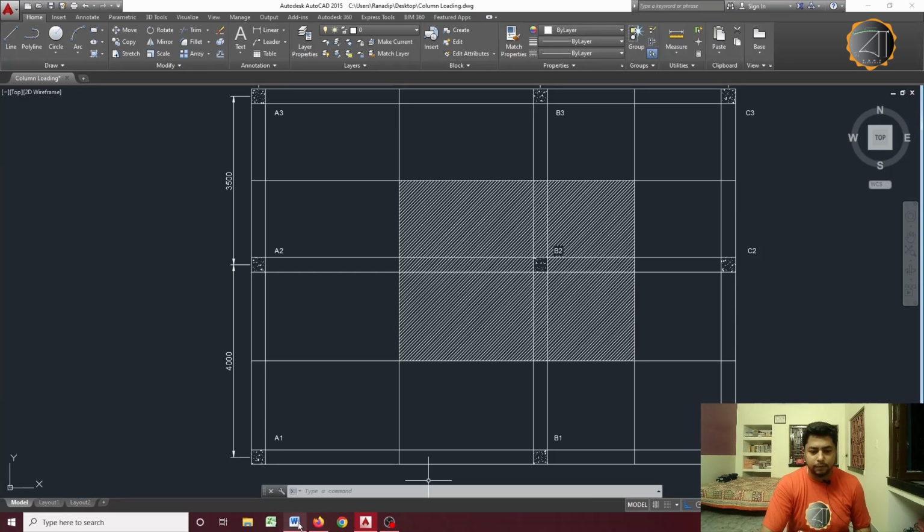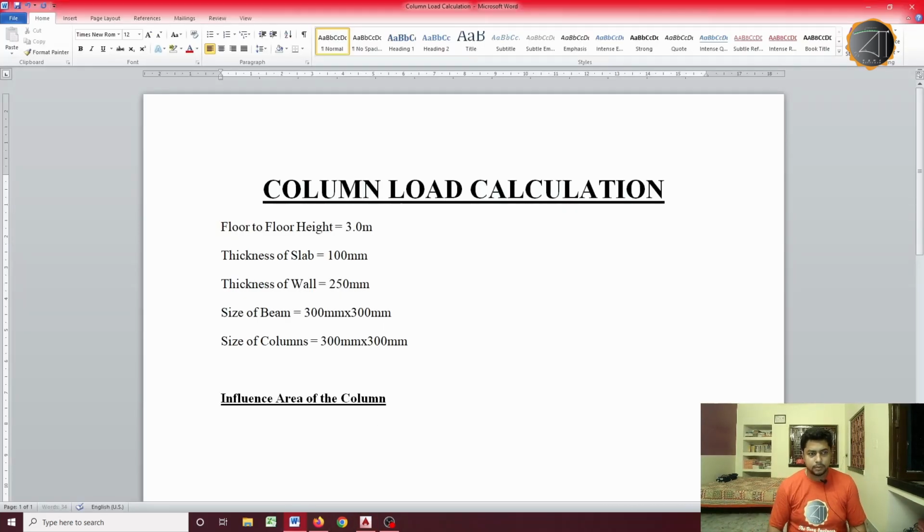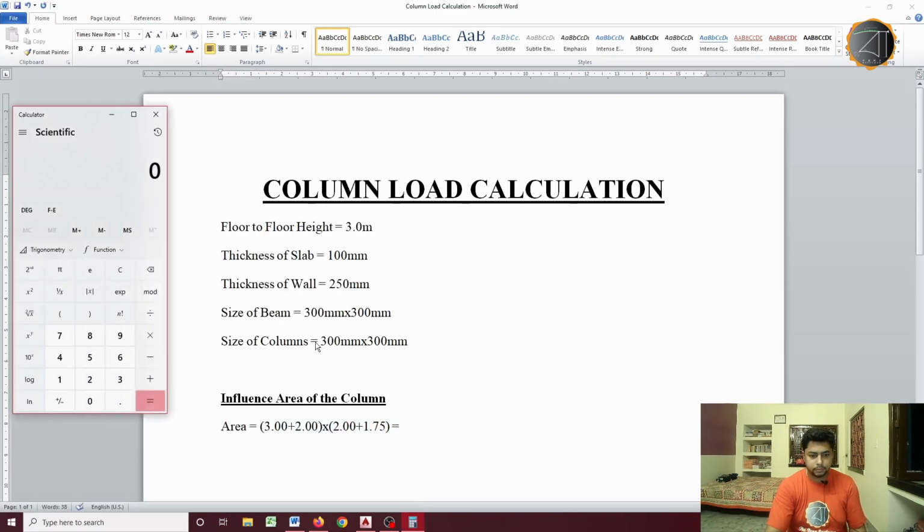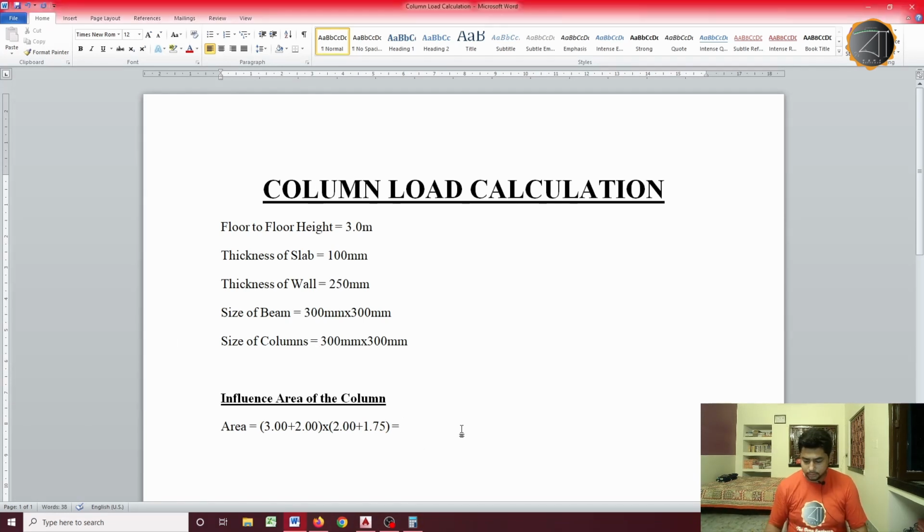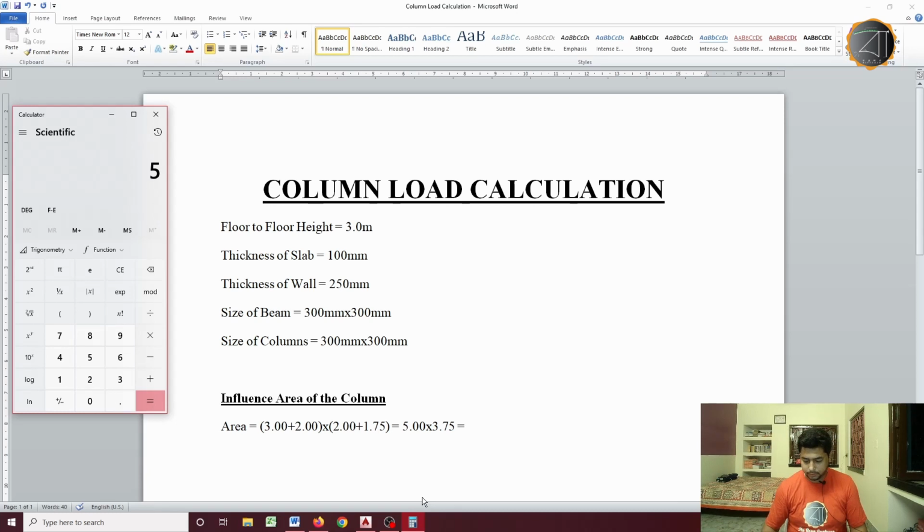So, let us just calculate the influence area first. It is coming as 5.00 multiplied by 3.75, 18.75 square meter.